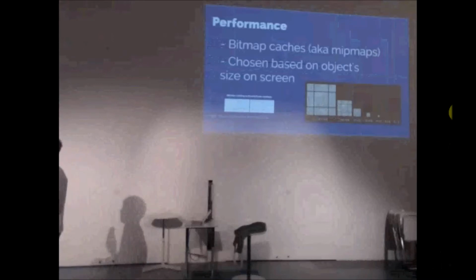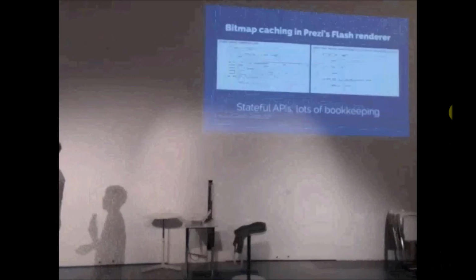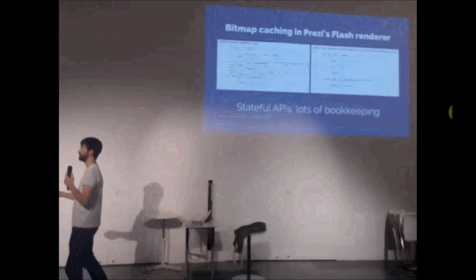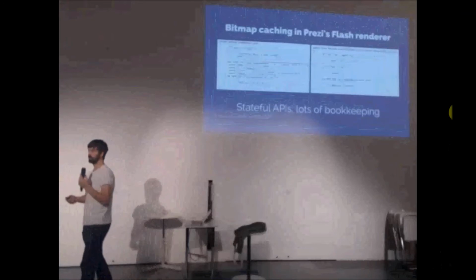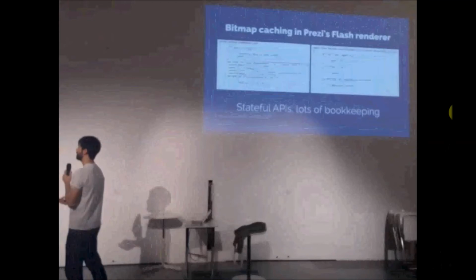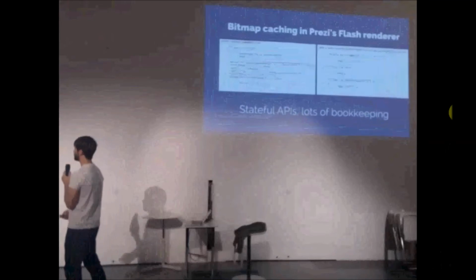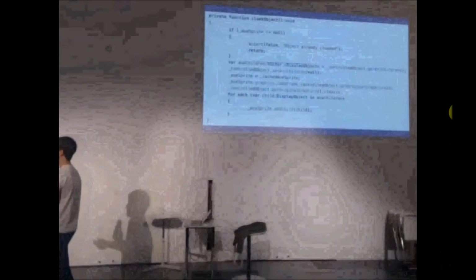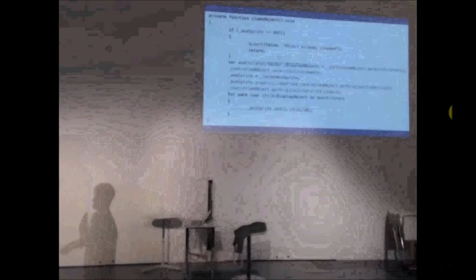So Flash uses a display object hierarchy, where you have to add and remove children, kind of like HTML. You're probably all familiar with this. And this is how the bitmap caching worked in the Flash viewer. So when we cloak an object, that means remove all the children from it so we can take it off the screen and replace it with a bitmap.